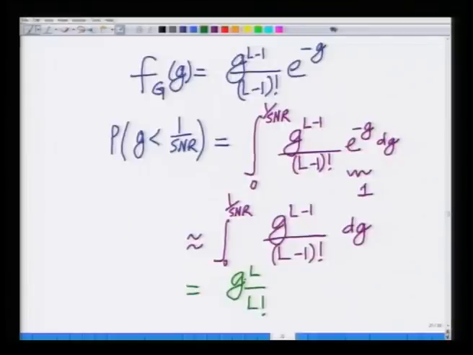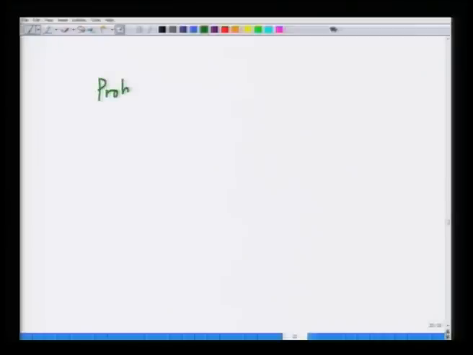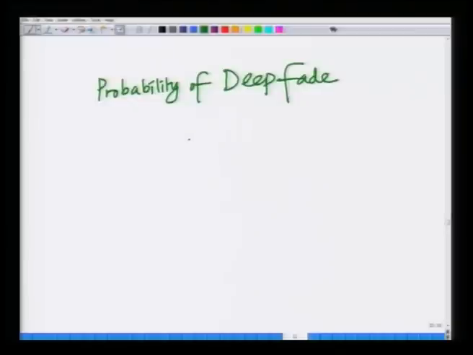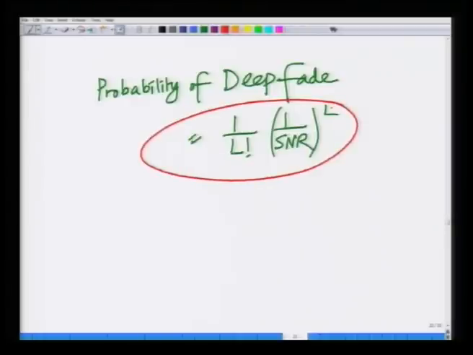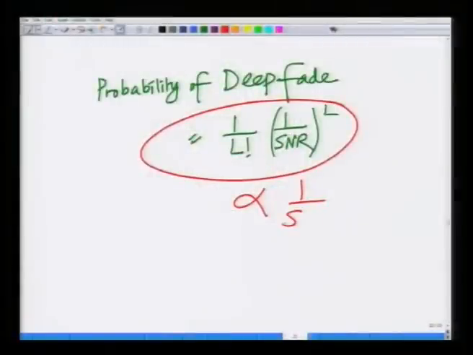So, this is G power L divided by L factorial between the limits 0 and 1 over SNR, and at this point the probability of deep fade equals 1 over L factorial times 1 over SNR to the power L. Look at this, this is the probability of deep fade in this system, and it is proportional to 1 over SNR to the power of L.